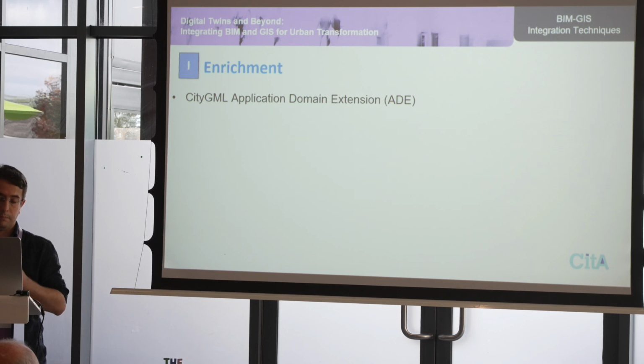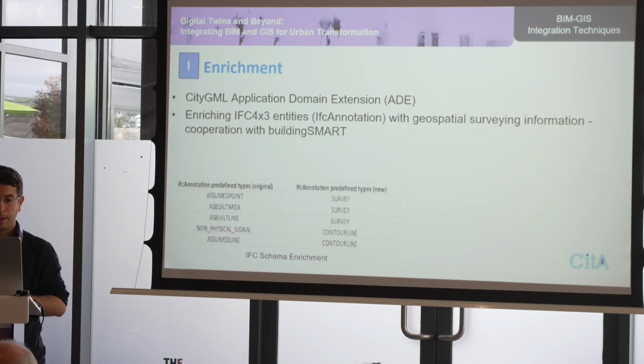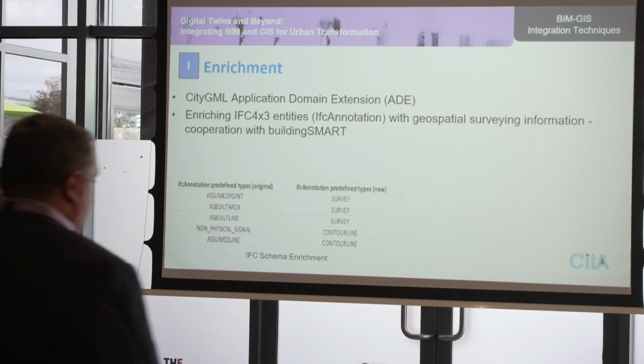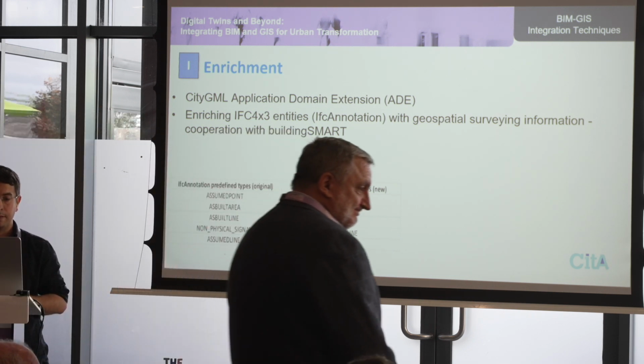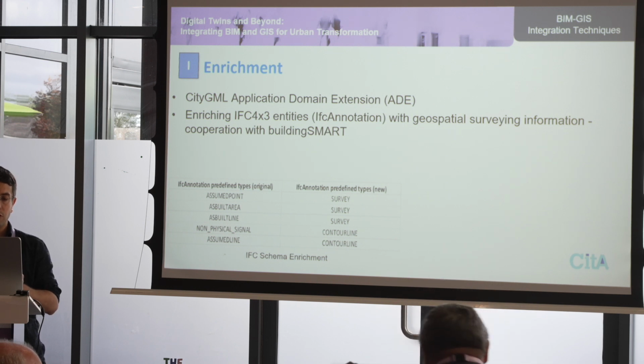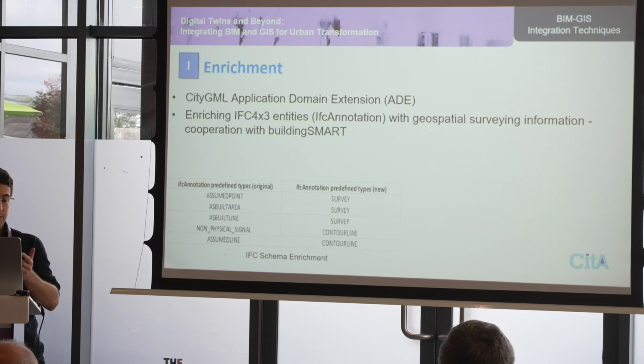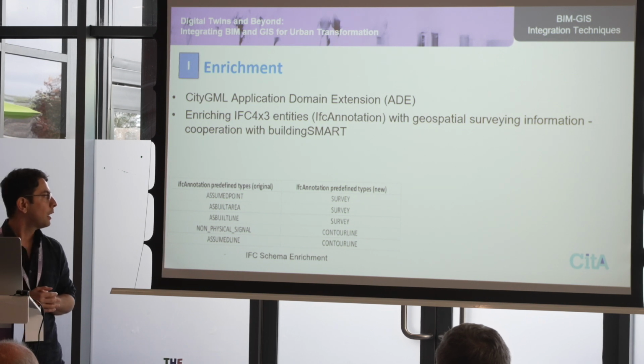So regarding enrichment, most of the papers are using ADE, which is Application Domain Extension. They are extending CityGML and GIS to include some features from the BIM side. In my own initiative, actually, I tried to enrich the IFC model with geospatial information, specifically IFC 4.3, that's under ISO revision now, and I used IFC annotation for that.